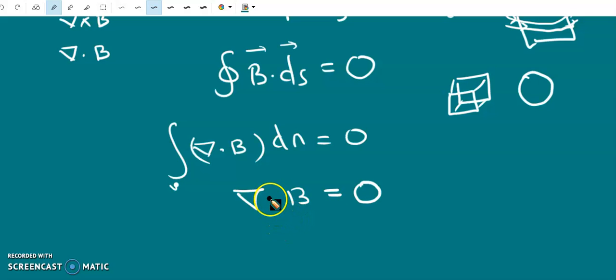So this implies that there are no magnetic monopoles. So the divergence of the magnetic field is 0 since there are no magnetic monopoles. So the physical interpretation of this statement is that there are no magnetic monopoles present in nature.